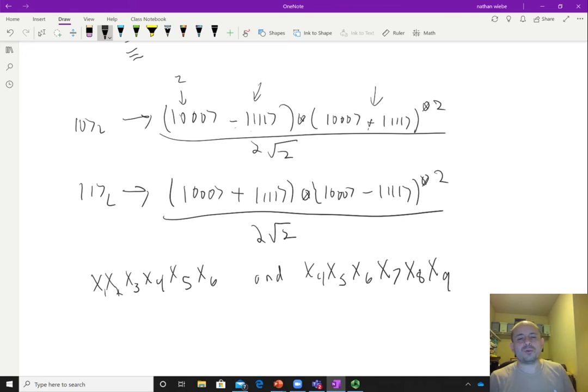The reason we do that is because we want to compare the phase, which we can measure by measuring the X operators, because that's logically the same thing as the Z operator within a bit flip code.